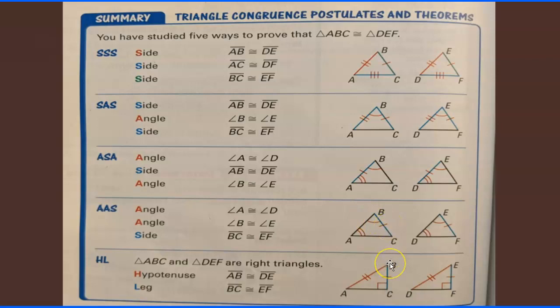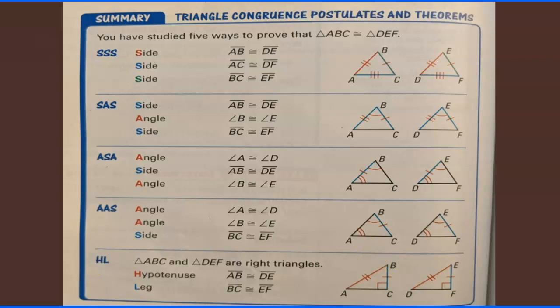And then finally, the one that we learned today, the hypotenuse leg, where the hypotenuse, the straight line across from the right angle, and one of the legs are congruent. Obviously, you know your 90-degree angle is also congruent. So it's almost like the angle side. Could you use that instead? Probably, but I would use the HL.